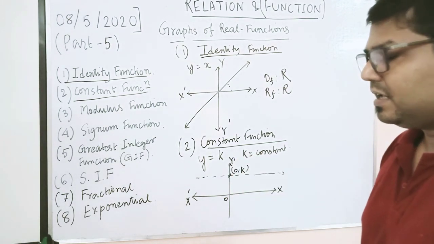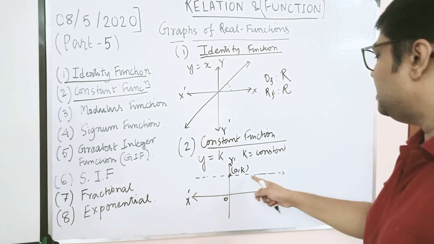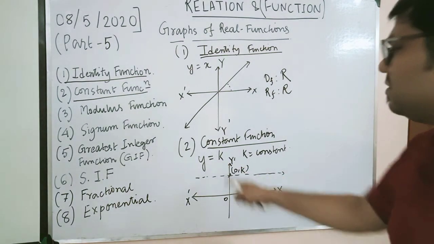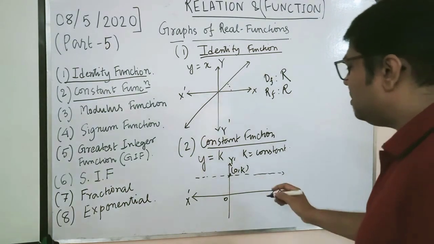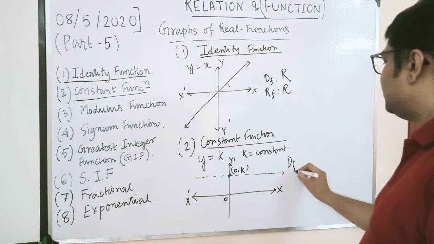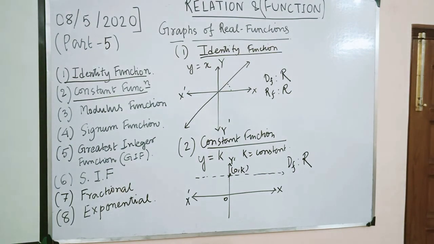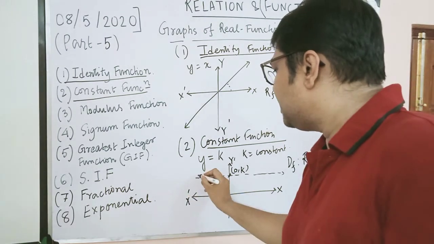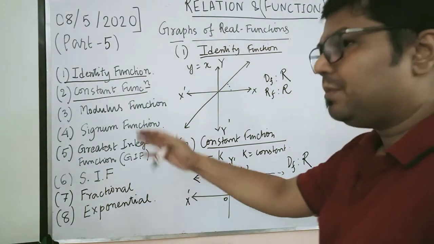When you extend this, you can put for x the value 5, 6, as well as minus 10, minus 11, minus any decimal numbers. So when you write Df, it will be capital R, all real values. Why so? Look at the graph. It's going to the positive direction, it's going to the negative direction as well, taking all the possible positive values and all the possible negative values.